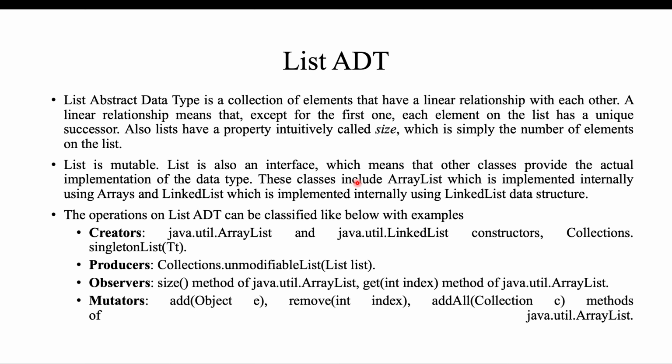Now we must have heard about a class known as ArrayList. An ArrayList is basically an implementation of the list ADT, which is implemented internally using arrays and linked lists.